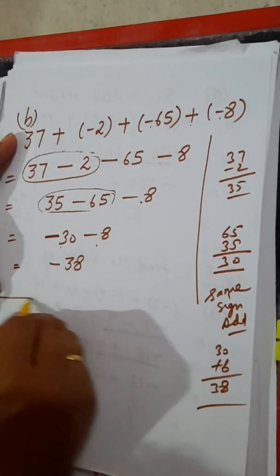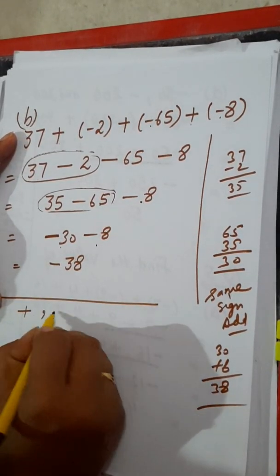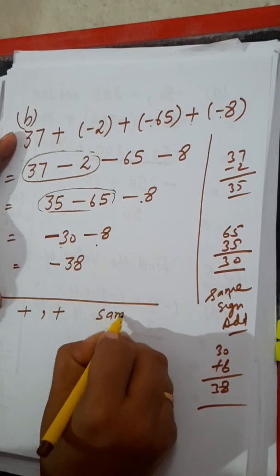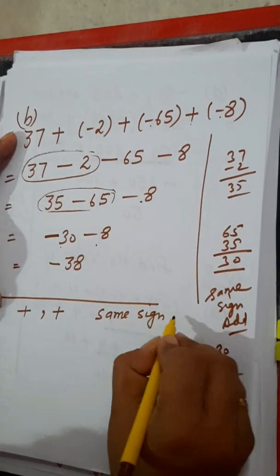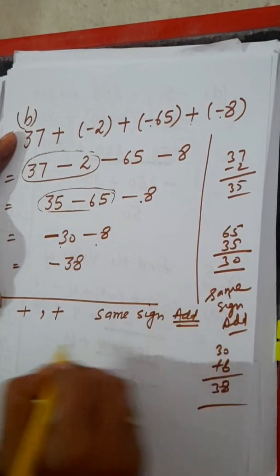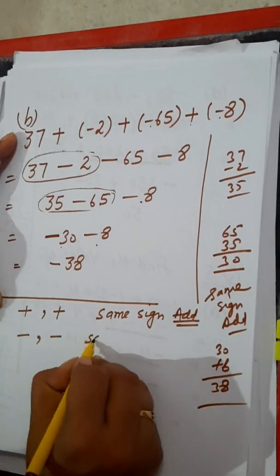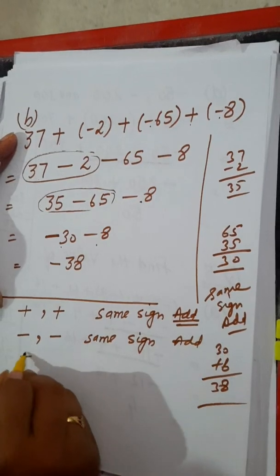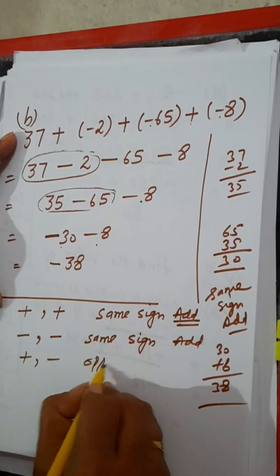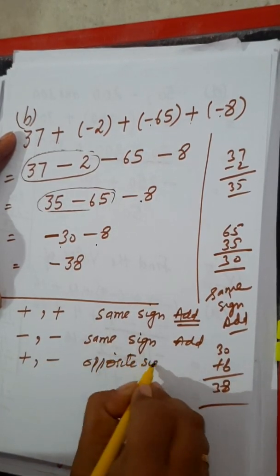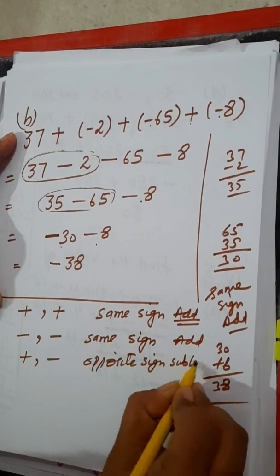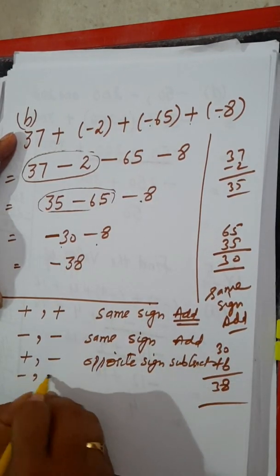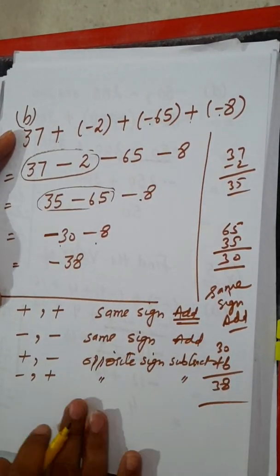So children, keep in mind, if you have plus plus, means same sign, then add the integers. If you have opposite sign, then subtract. Like this, opposite sign, subtract.